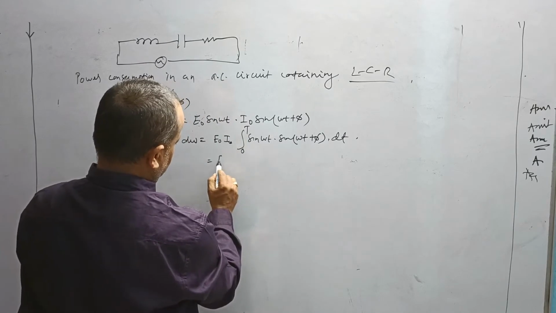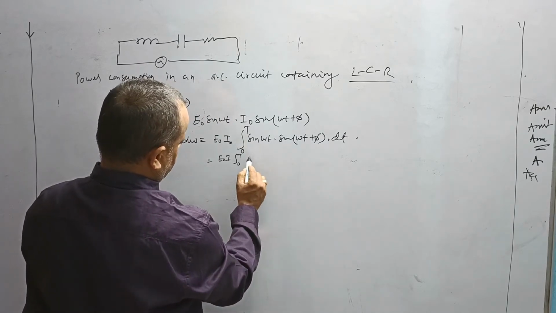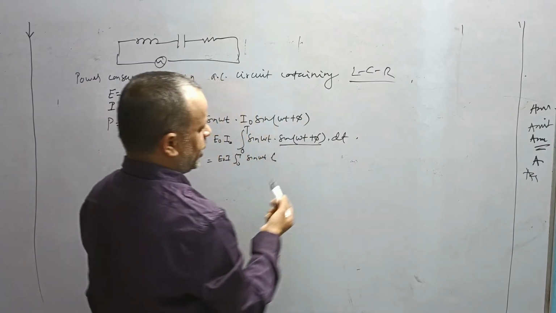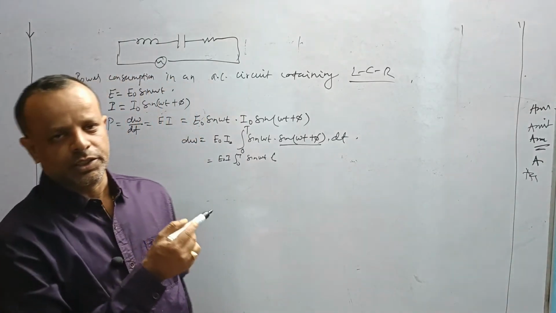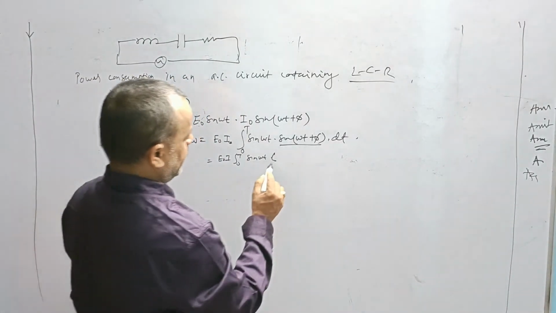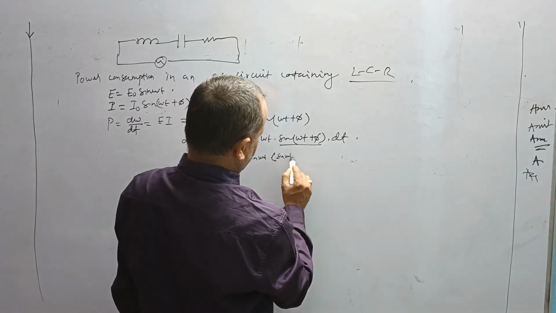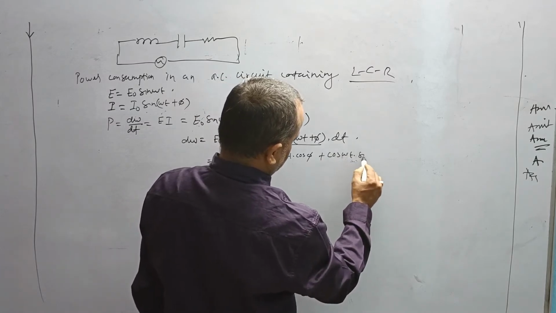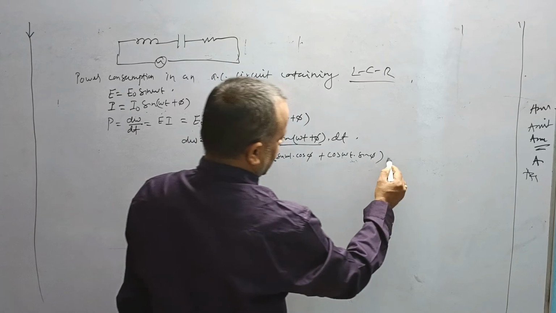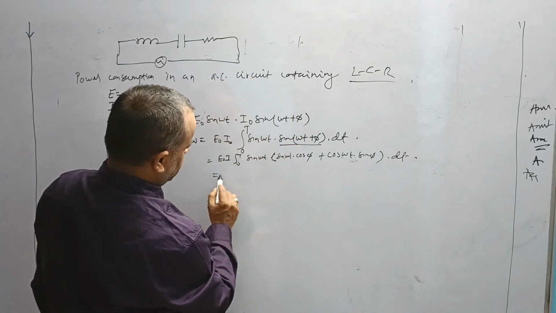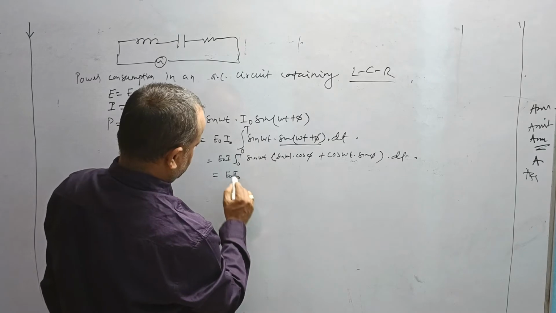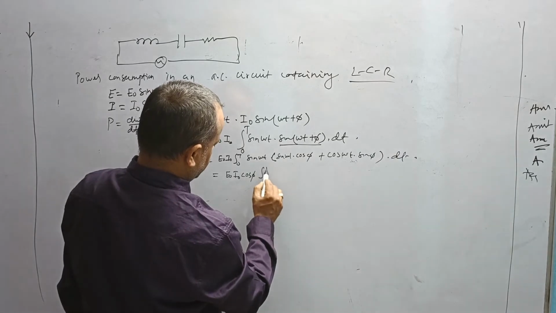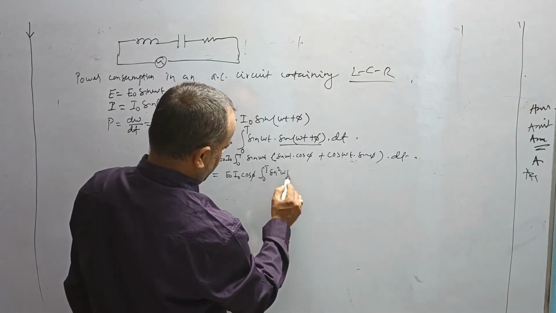See, in this case, no problem with this. We have a problem with this. What we'll do is expand it utilizing the formula sin of A plus B, that is sin A cos B plus cos A sin B. So it becomes sin omega T cos phi plus cos omega T sin phi delta T. We'll have E naught into I naught, constant cos phi, and we'll go for 0 to t sin square omega t delta t.